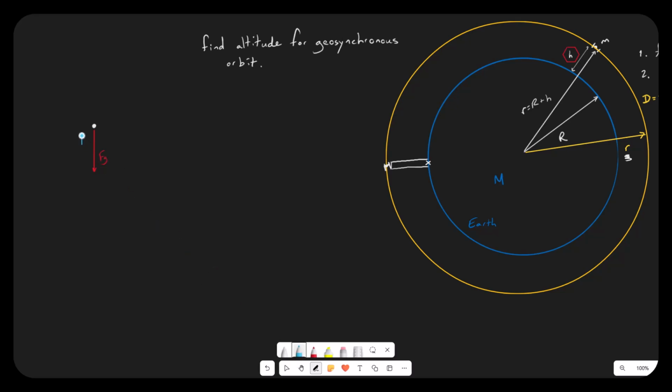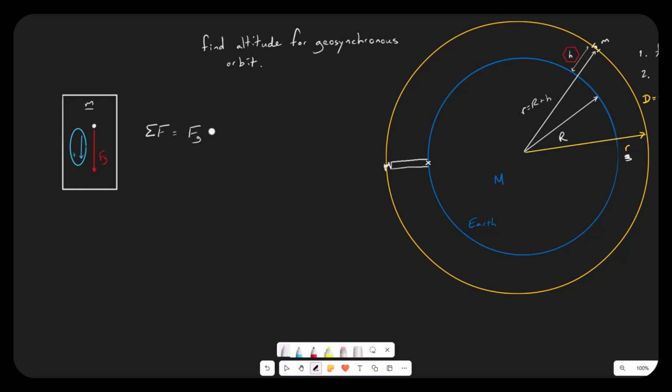So I'm going to again call that my positive direction. It's got a mass of little m. And so I get a sum of forces equals Fg.